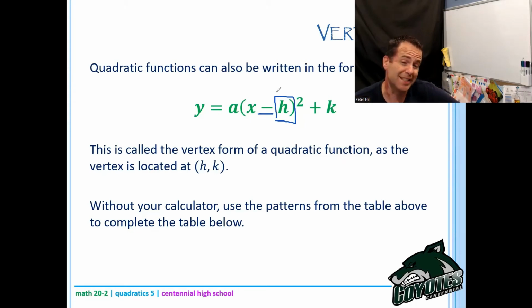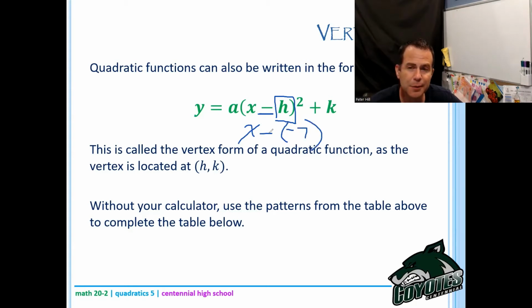Likewise, if h was negative 7, that would mean you're going 7 to the left. But in your equation, that would be written as x minus negative 7. It would look like this, x minus, and then an h value of negative 7. But if we said minus negative 7, that's the same as saying x plus 7. So that's why it looks like it's opposite in the equation.